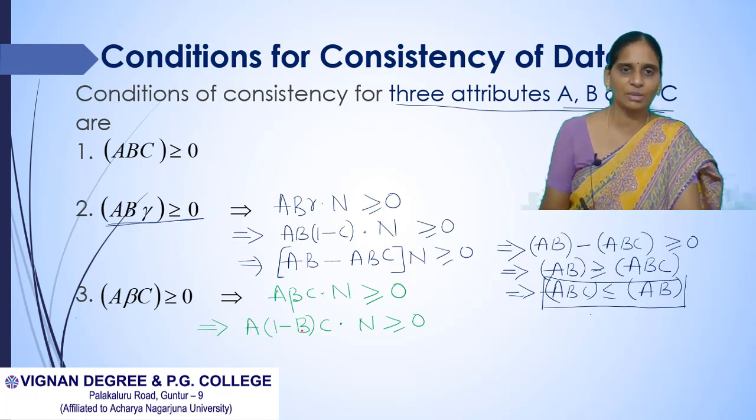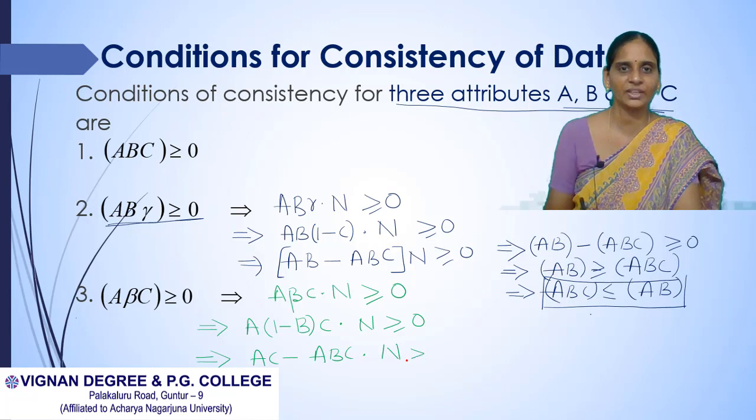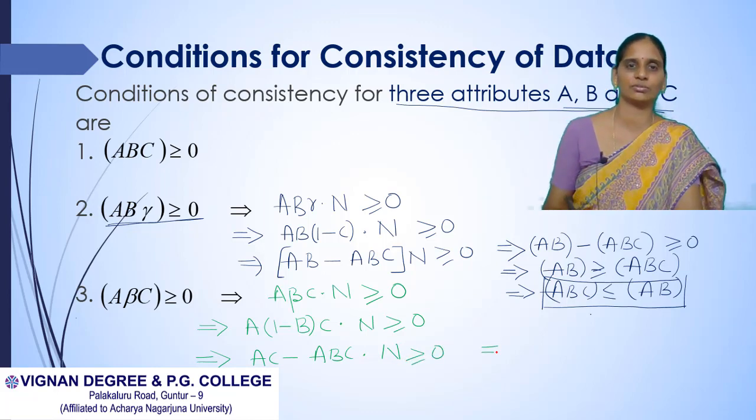So after the multiplication A into 1 minus B into C, we get AC minus ABC into N, which is greater than or equal to 0.